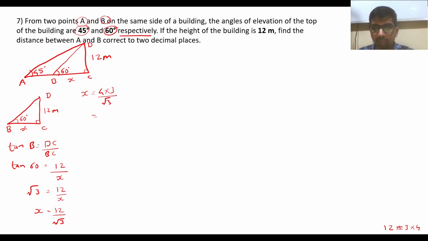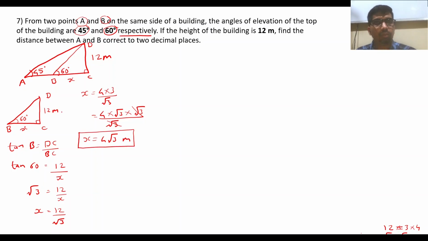And last time I said that √3 क्या होता है, what is 3 into 3? √3 into √3 is 3, so write 3 as √3 into √3. Getting it? This is how you have to write. √3 gets cancelled, तो x की वैल्यू आ जाएगी 4 √3. So we got x, very good. So we got x over here, so you get 1 mark for all this hard work.